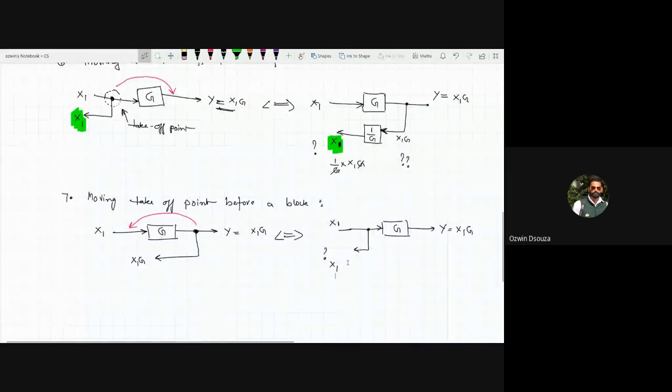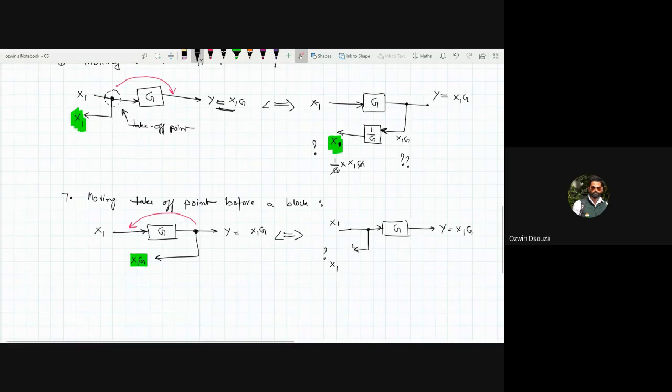So in as it is case, the signal value is X1. But what are you supposed to get? You are supposed to get the signal value as X1G. But instead you are getting X1. So what manipulation do you have to do?